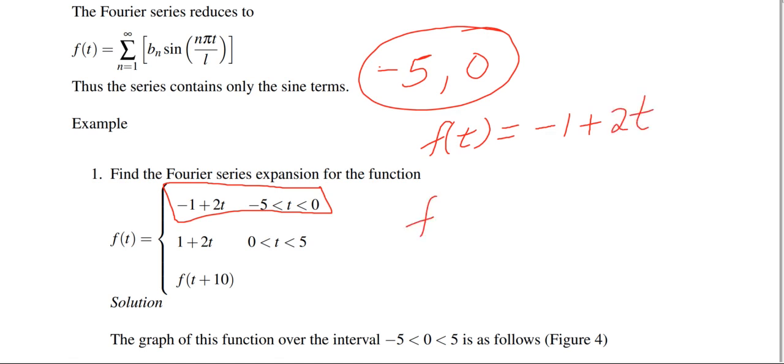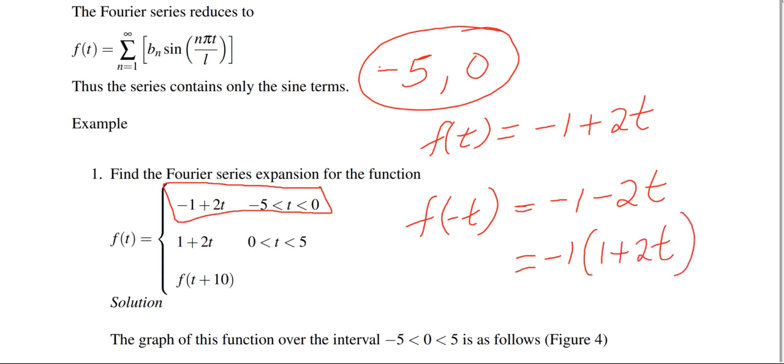If you replace t with negative t in this interval, you get minus 1 minus 2t. We can factor out minus 1 and we get 1 plus 2t. And you see that the quantity inside the brackets here is the same as what we have for this other interval between 0 and 5.